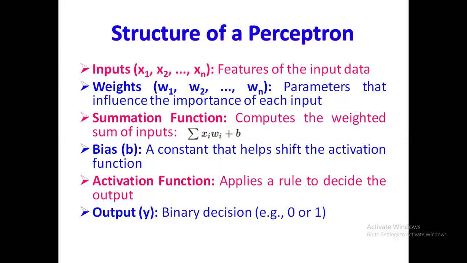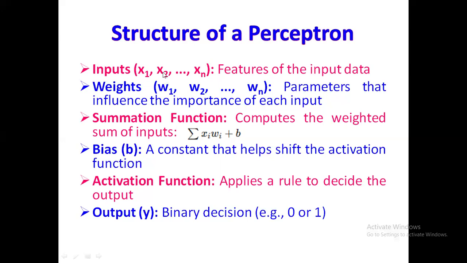Next is the structure of the perceptron. In the perceptron model, the process begins with the inputs. We define the inputs as x1, x2 up to xn, which represent the features of the input data, such as pixel values in an image or attributes in a data set. Each input is associated with a corresponding weight.